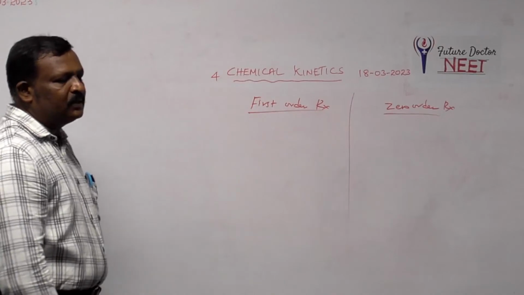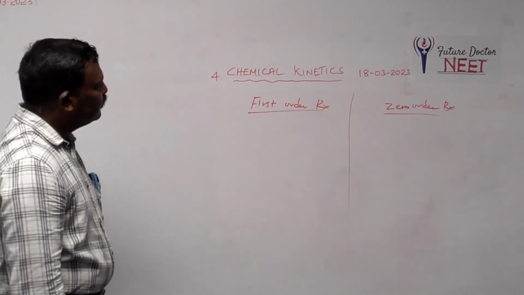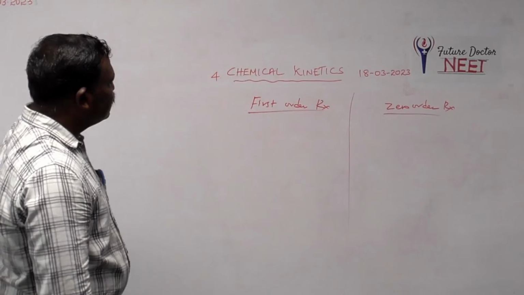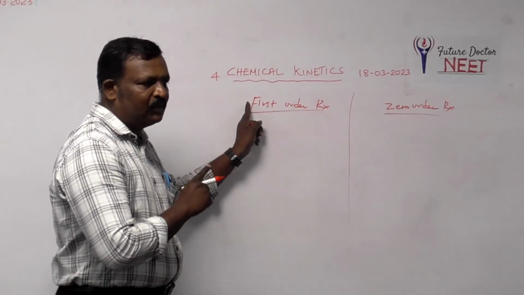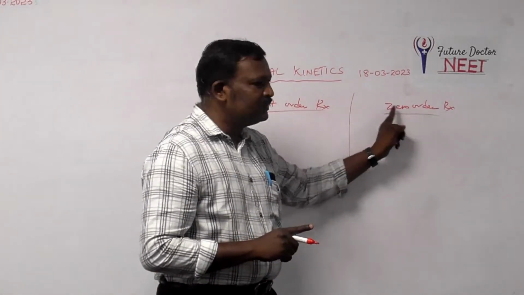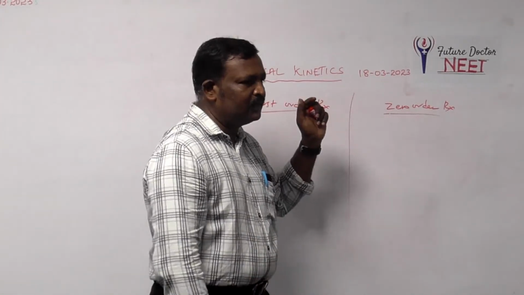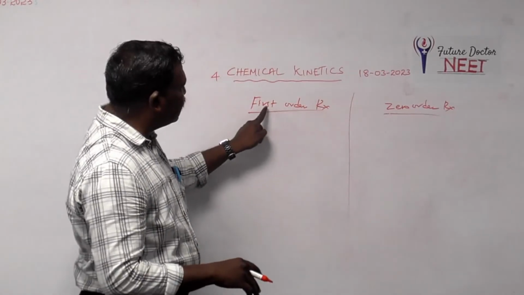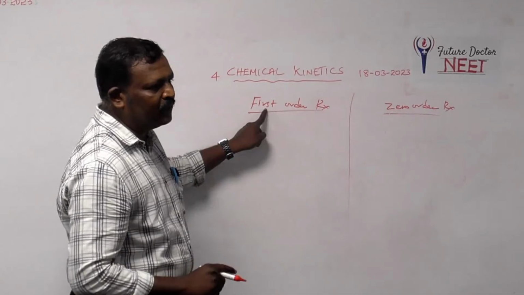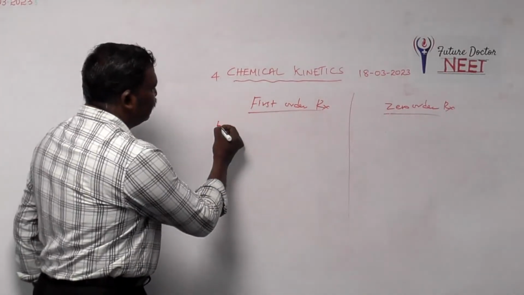What is first order reaction? Order is 1, simply we can say. Order is 0 for the other. That is one way to explain. Or the rate of reaction depends upon the concentration of one reactant only. You just write. First you must know the definition.